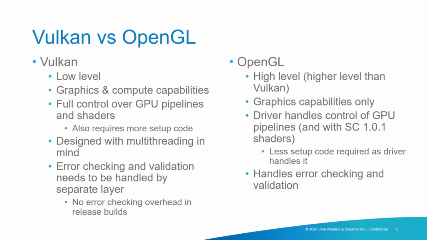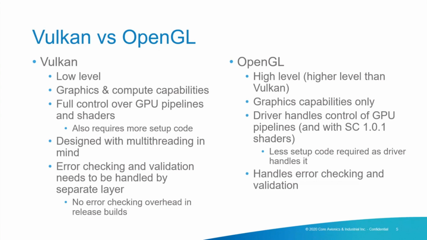Vulkan provides both graphics and compute capabilities, while standard OpenGL, especially OpenGL Safety Critical, only provides graphics capabilities. Vulkan gives full control over GPU pipelines and shaders, whereas in OpenGL, the driver you are using handles the GPU pipelines.